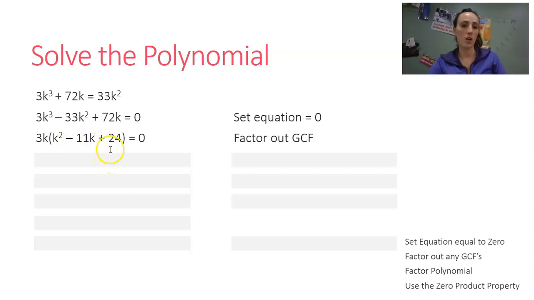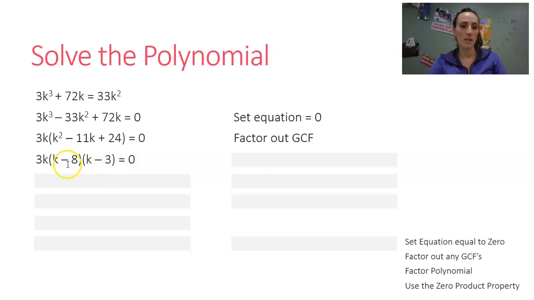I'm looking for two numbers that multiply to give me 24, but that add to give me negative 11. So when I factor, I'm going to have 3k times k minus 8 times k minus 3 equals 0.